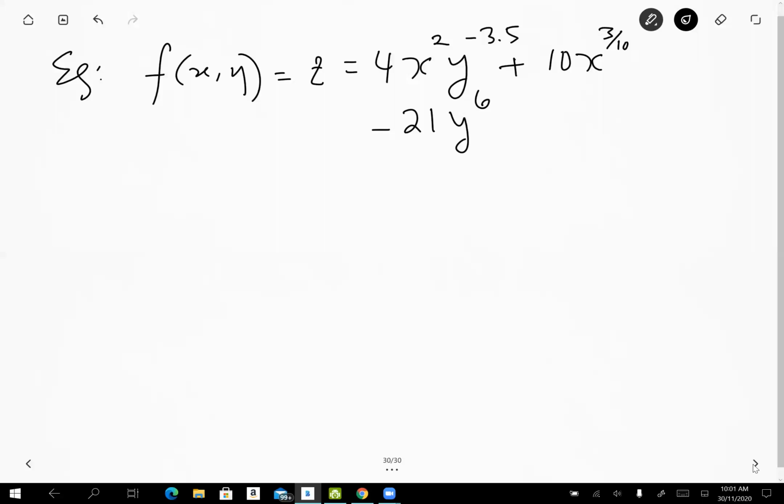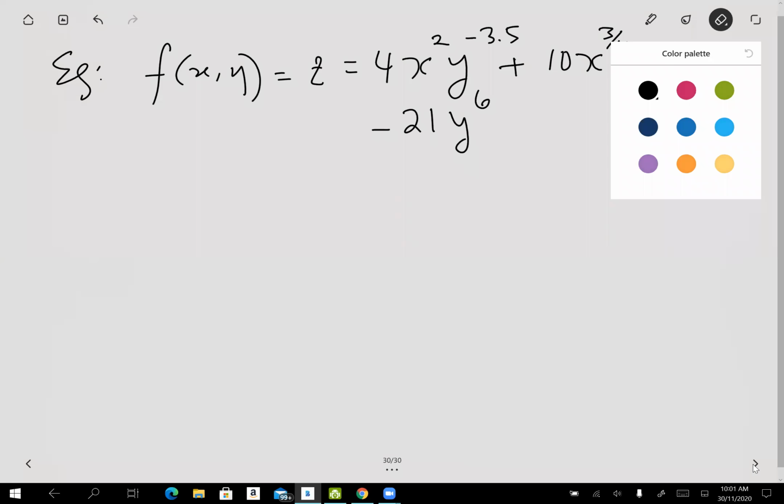Okay. So here, if you look at one term, the first term, they are multiplicative.